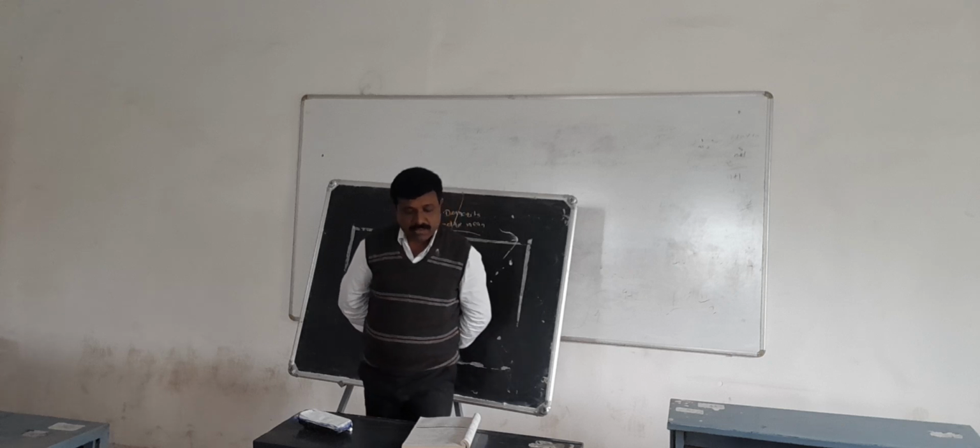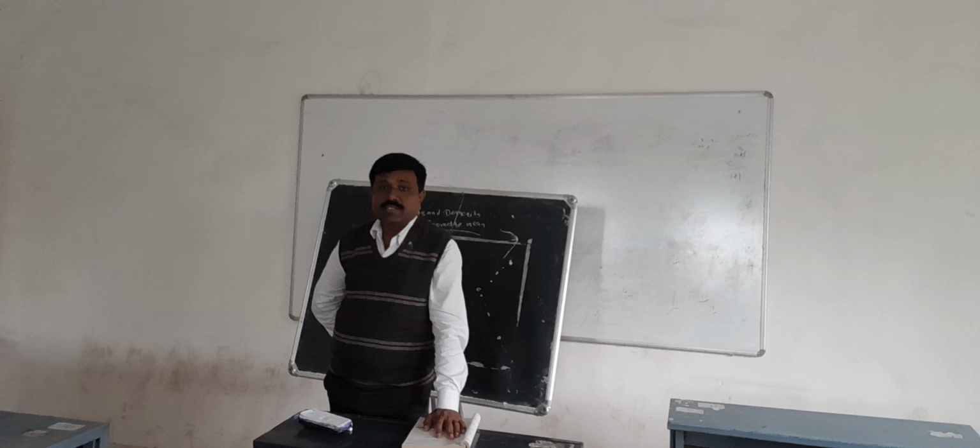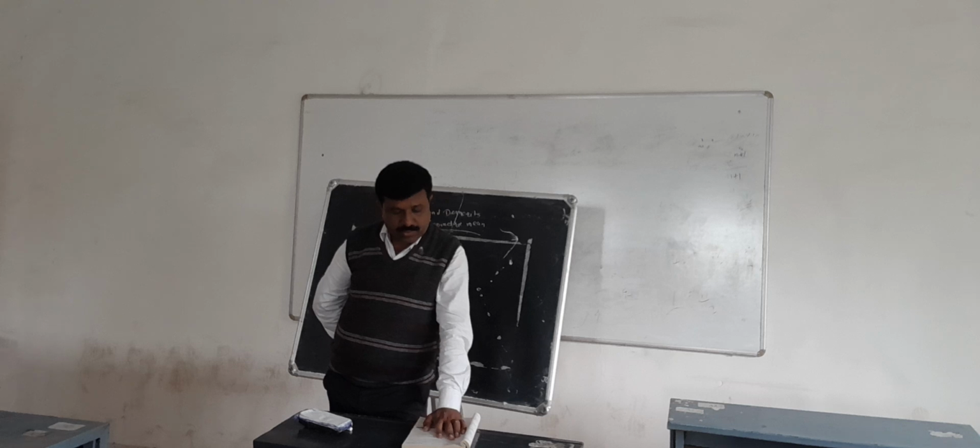Then the demerits of geometric mean. The serious drawback of geometric mean is that it is zero if any observation is zero. That is, if the value of any observation is zero, the geometric mean is zero. It is not simple to understand and calculate.